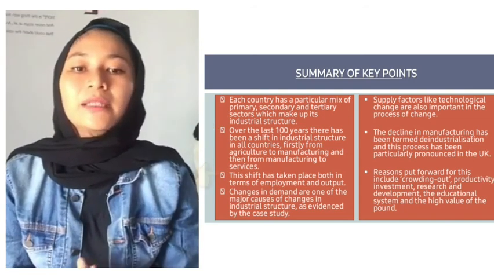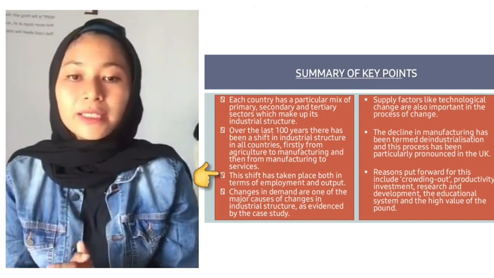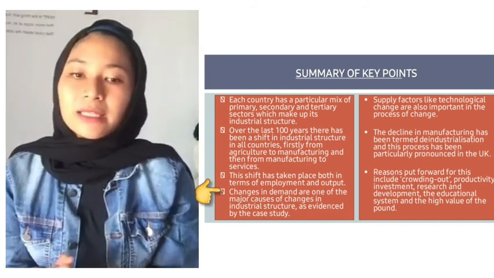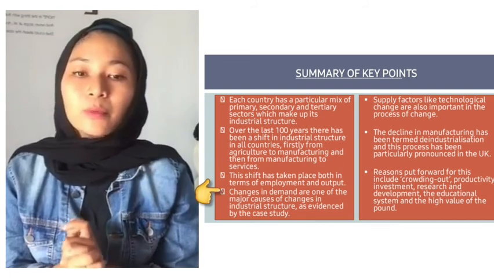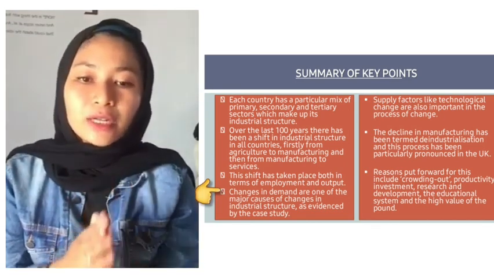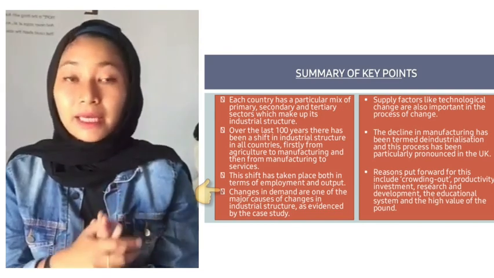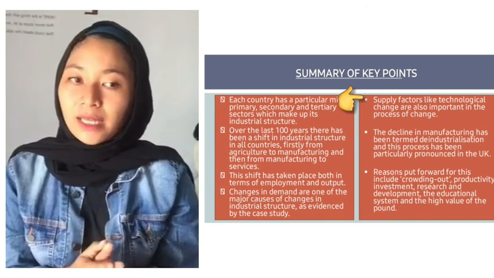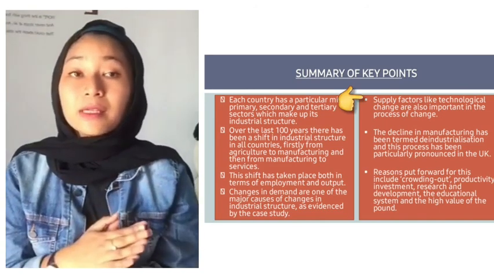The third is that this shift has taken place both in terms of employment and output. Next, changes in demand are one of the major causes of change in industrial structure, as evidenced by the case study. And next, supply factors like technological change are also important in the process of change.